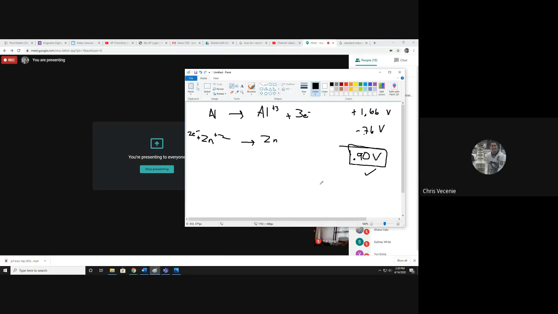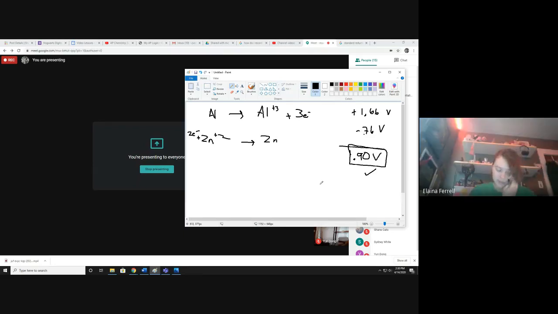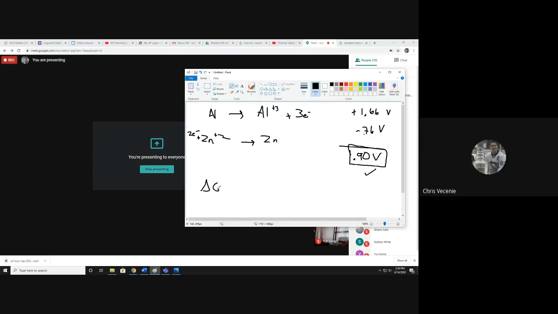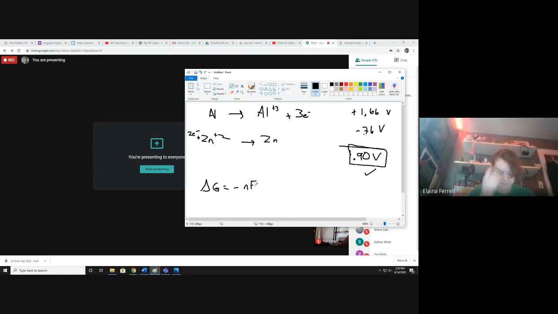Now do that math. What is the F, a constant? Yes. I don't know what the constant is. Doesn't matter. It's not asking you what the delta G is. They're just asking, is it positive, negative, or zero? Oh, it should be negative. Delta G will be negative, because of the negative in front of the n.